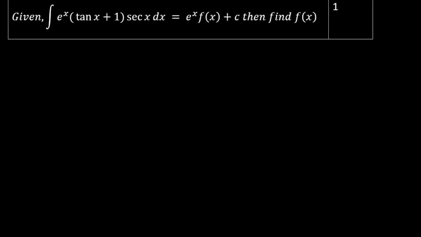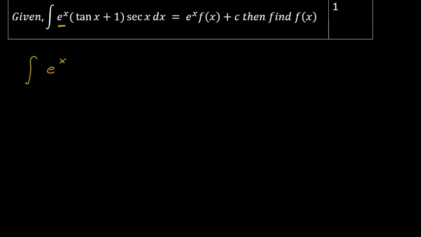Integration of e power x into tan x plus 1 sec x dx. Before I solve this problem, let us discuss one formula. If you have not studied this formula, you will study it after some time. It is the integration of e power x, especially when we have e power x.